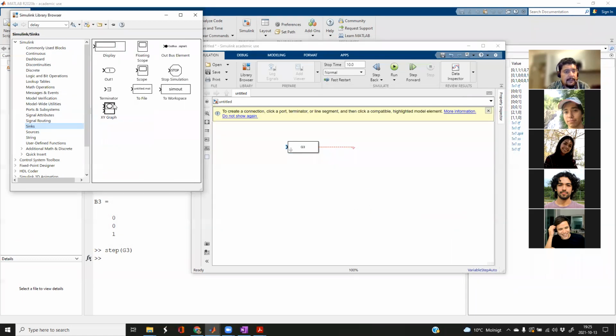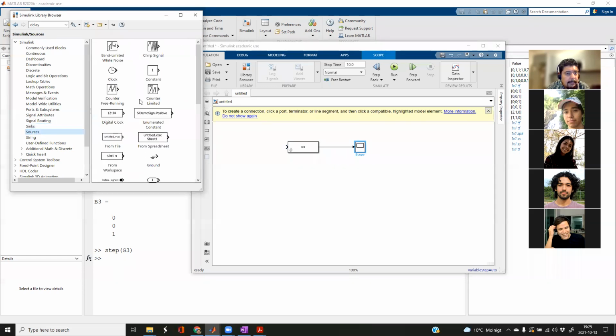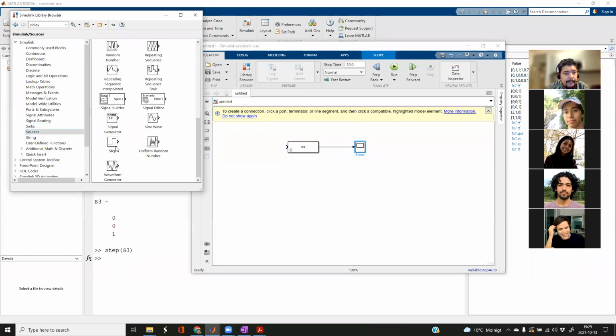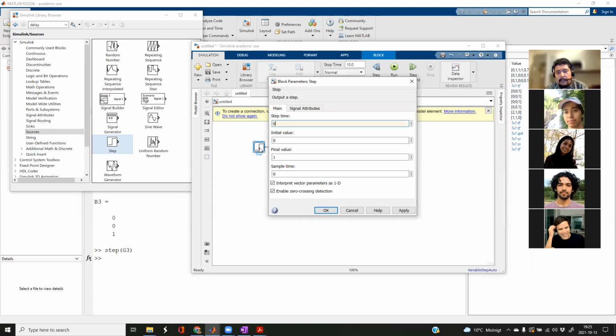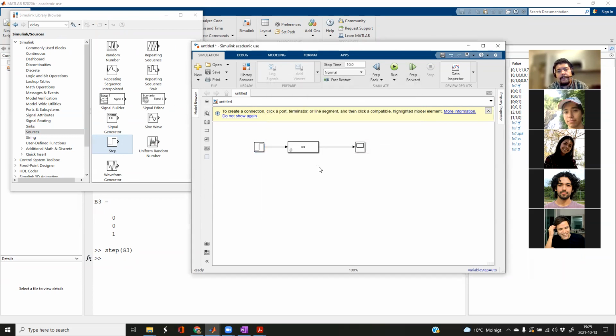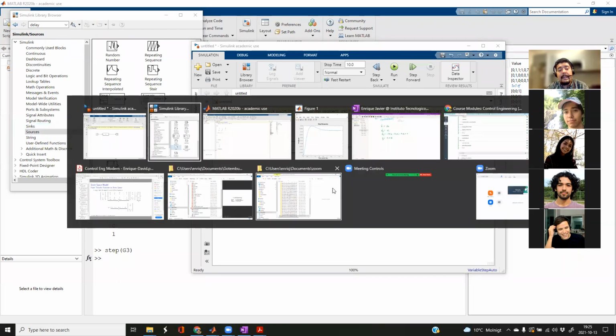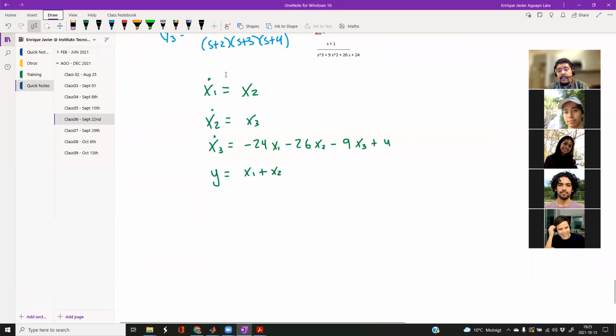From sinks, as always, we bring a scope. Then we'll put a unit step from sources, that starts in time equal to 0 and final value equal to 1. And then let's implement this equation that we have in here.